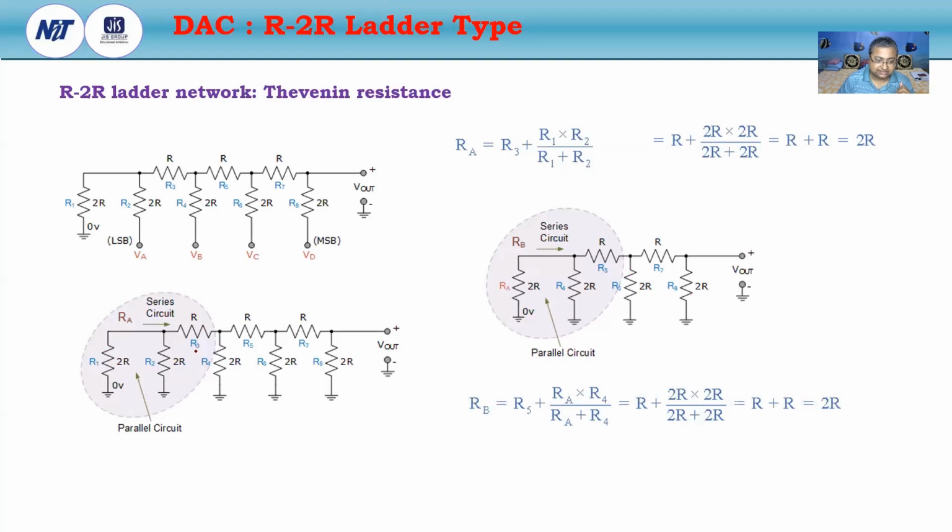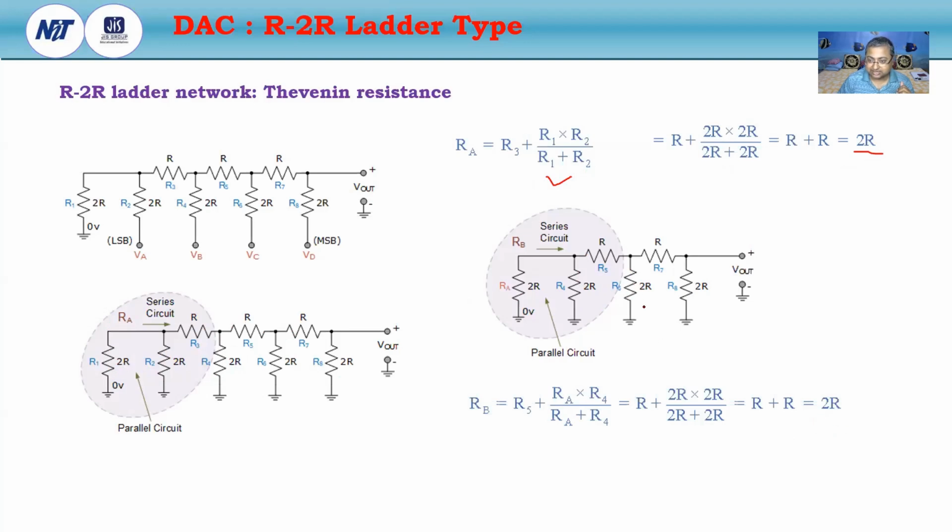R3 is in series with the parallel combination of twice R, R1 and R2. Then we will get RA. So RA is equal to twice R. Then again twice R and twice R in parallel, so we will get R. This is in series with R5. So series R and R is twice R.